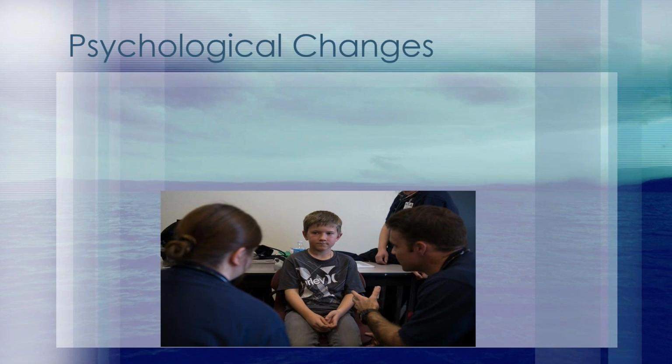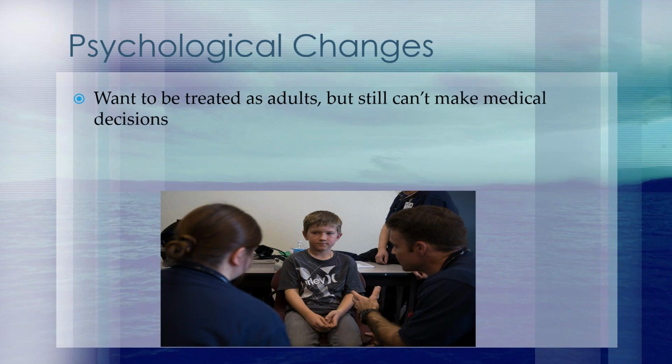Now, with psychological changes, we see a drastic change within the psychological changes of this age group, and it can be very difficult to properly assess the patient because they're dealing with negative ramifications for telling the truth from their parents and or caregivers or any type of authoritative figure. So with them, they drastically and desperately want to be treated as an adult.